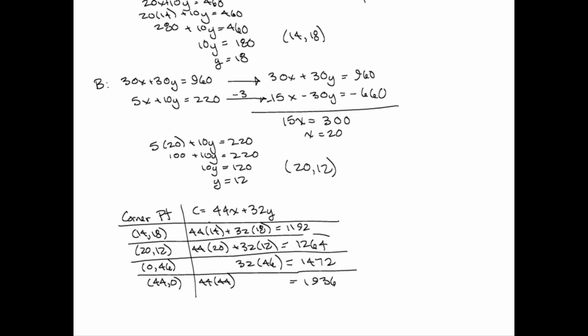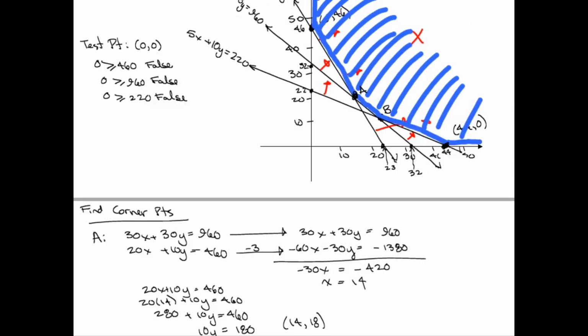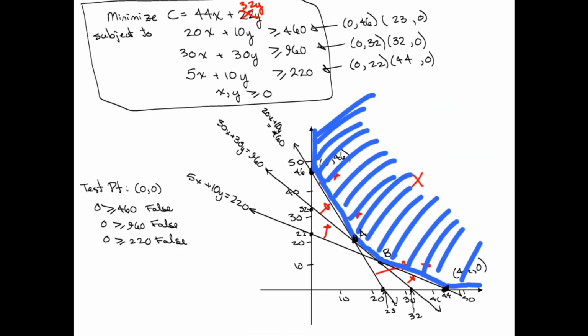We do have an unbounded region, so we want to make sure we look at it and see what is happening as x and y get large as we go toward the infinite part of my unbounded region. As x and y get very, very large, we will be heading out this way, and that will cause my c, my cost, to become very, very large, so we'll certainly be moving away from the minimum rather than toward it.